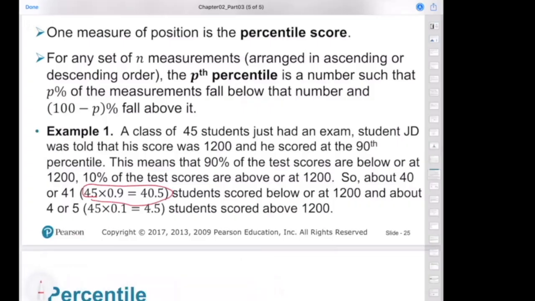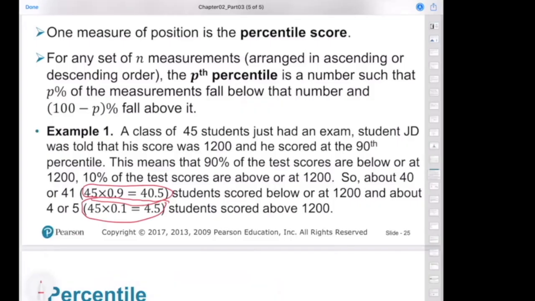And if you multiply again the number of students, 45, by 10% or 0.1, you will have 4.5. These are the number of students. The number of students lies in the 90% area of the curve, and the 10% of the area of the curve.